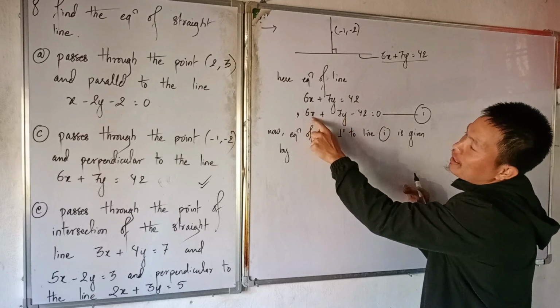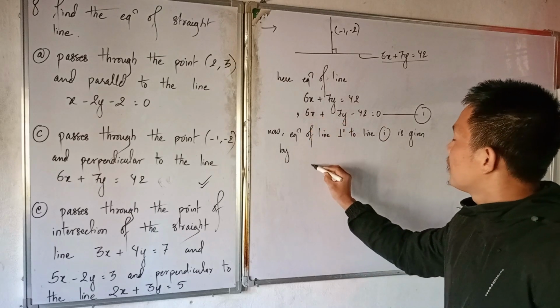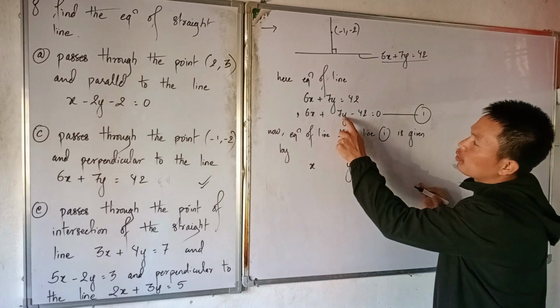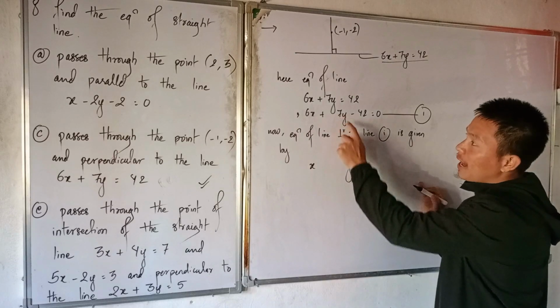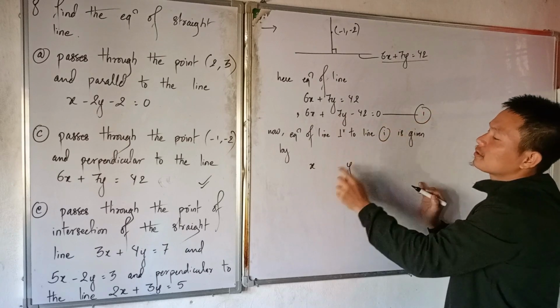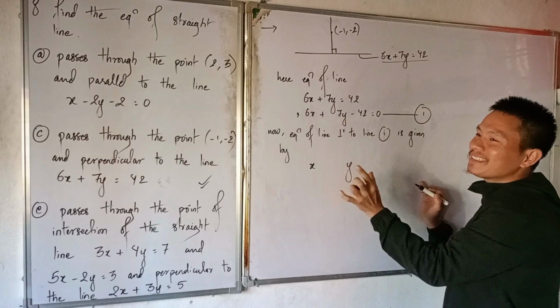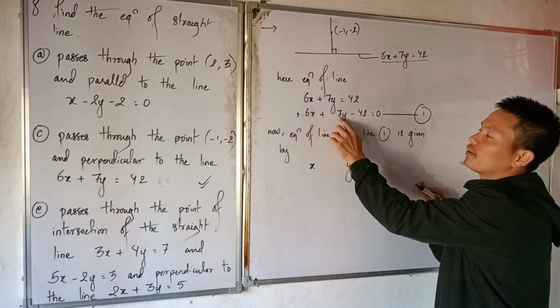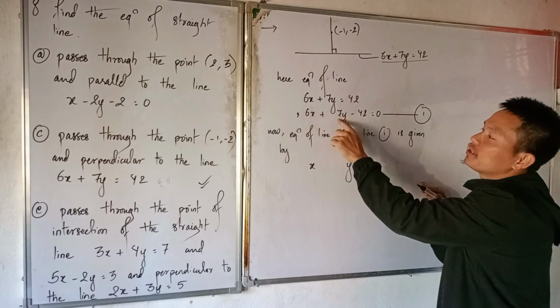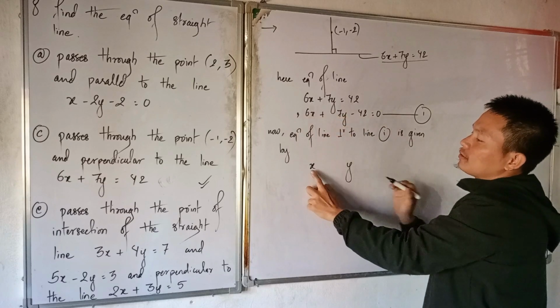Suppose we have x, y. Here the coefficient of y is 7. Now the perpendicular line is given by interchanging the coefficient of each variable. For example, the x coefficient is 6 and the y coefficient is 7. Now just interchange.